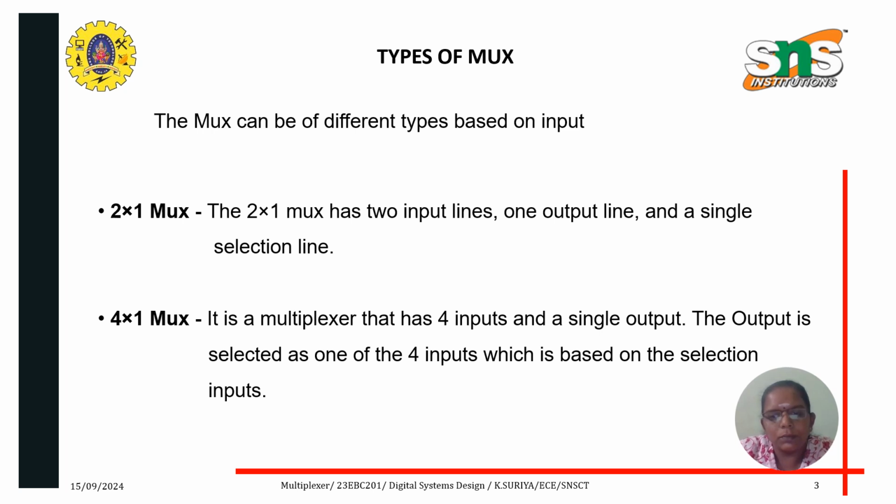First one is 2 cross 1 multiplexer. A 2 cross 1 multiplexer will have two input lines, one output line, and a single selection line. 4 cross 1 multiplexer. It is a multiplexer that has four inputs and a single output. The output is selected as one of the four inputs, which is based on the selection inputs.